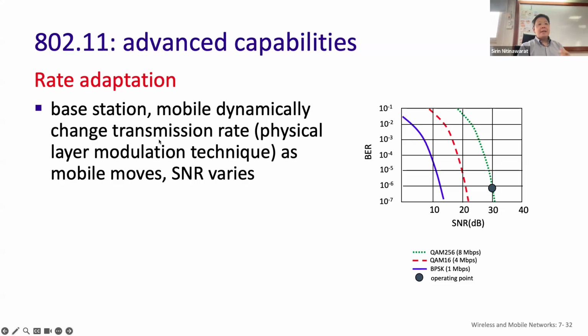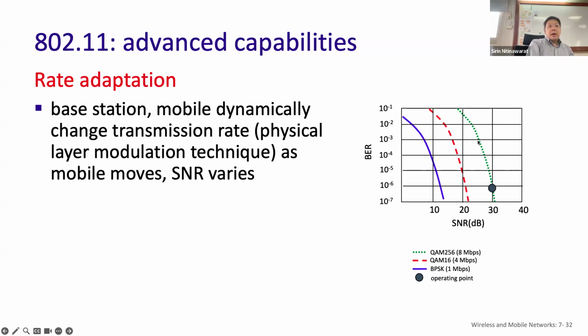Because if it so happens that the mobile moves further away from the AP, then the SNR for the communication will be lower, right? So in that case, the base station can change to go for a lower modulation scheme to allow for better bit error rate, right? So for example, if originally the host is very close to the AP, it may go for the highest modulation scheme first, right?